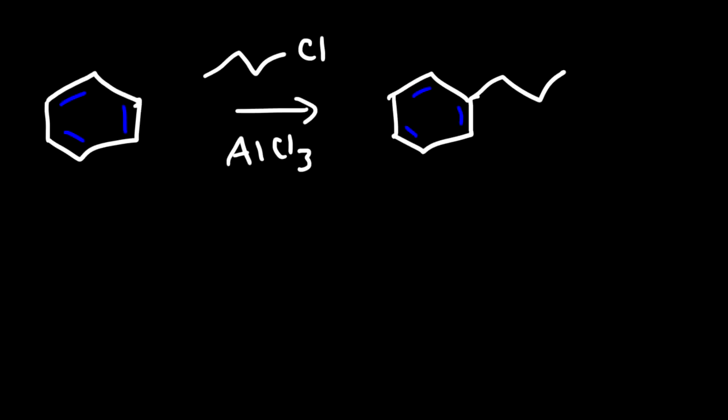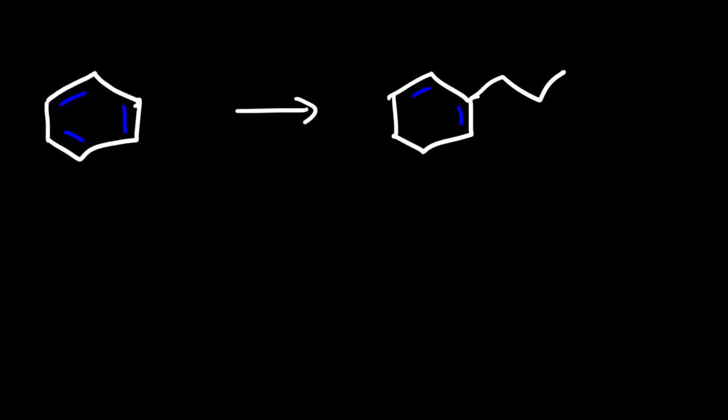A hydride shift will occur so that the benzene ring doesn't attack the primary carbon, but instead attacks a secondary carbocation. So if we use propyl chloride, the major product will be isopropylbenzene rather than propylbenzene. So therefore, we need to do something else.